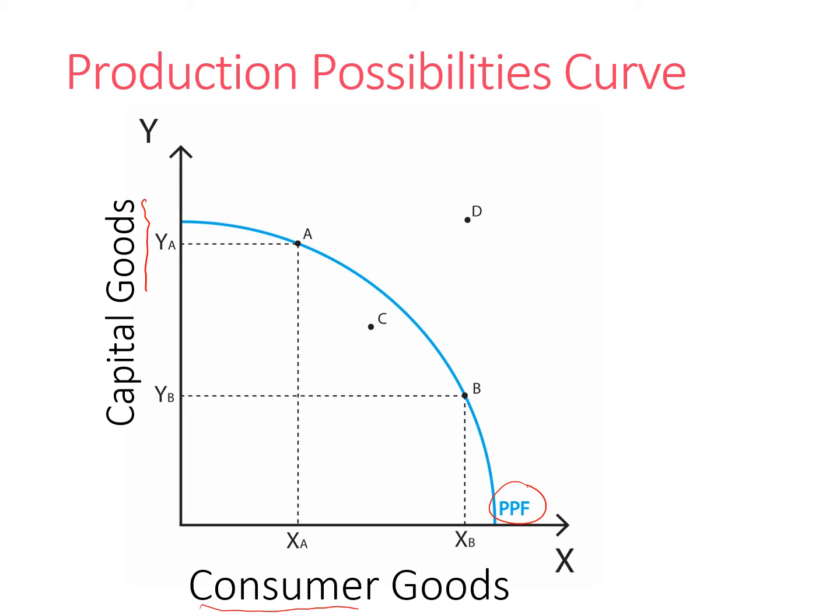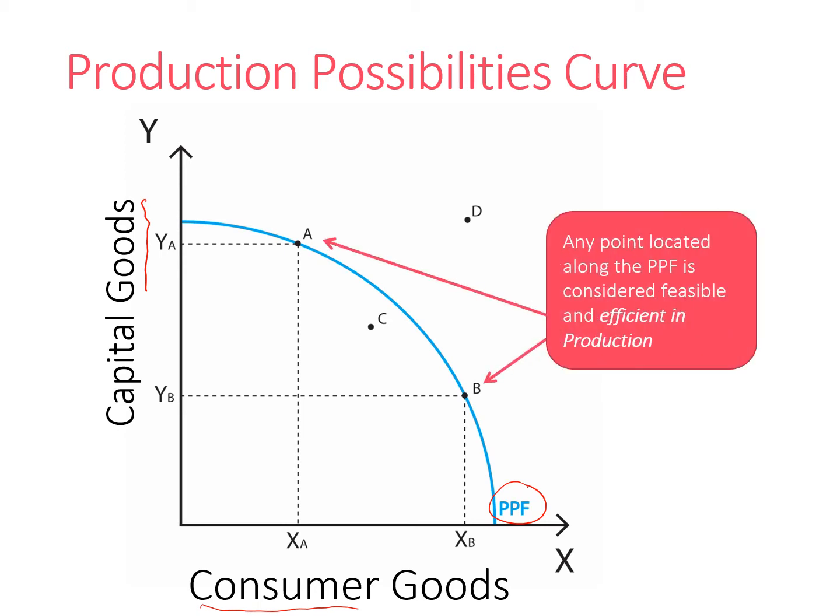Now you want to pay attention to the location of these points, okay? Any point that's located on the line is considered feasible and efficient in production. In other words, point A and point B are levels of production we could actually do, right? Like we can produce YA level of capital goods, and we could produce XA level of consumer goods at the same time. And if we do that, we're using all of our resources without any resources going to waste.